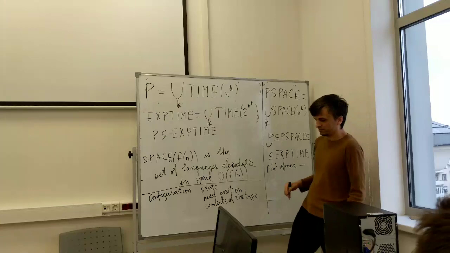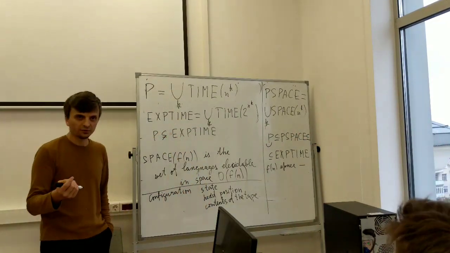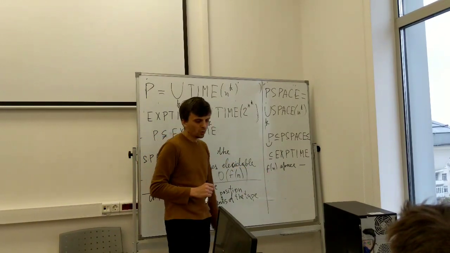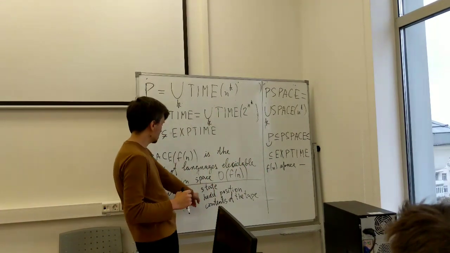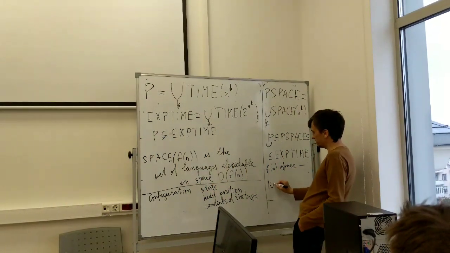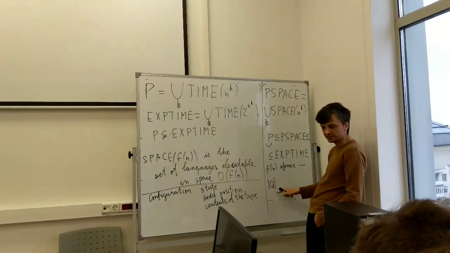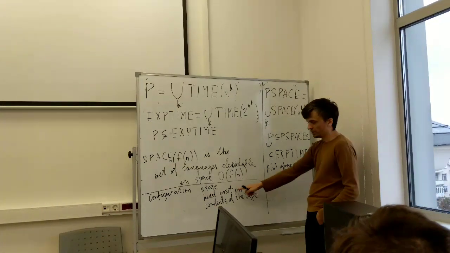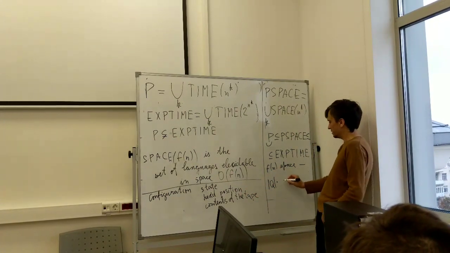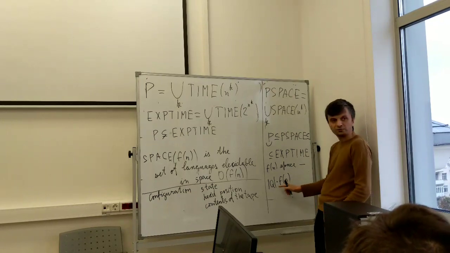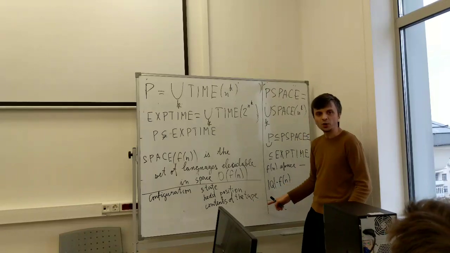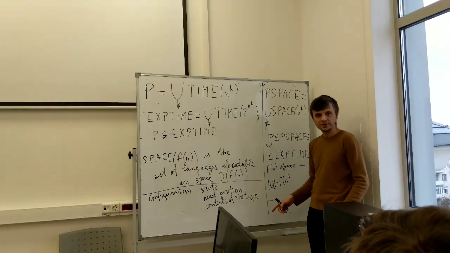And now let's count the number of configurations when the machine uses only f of n space. Well, a configuration is, first, the number of states. It can be in any one of this many states. But then its head position must be on any cell, and because we use f of n space, it may be in one of f of n positions. And then the contents of the tape.